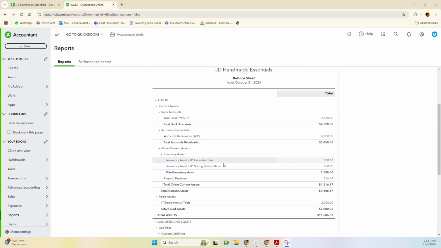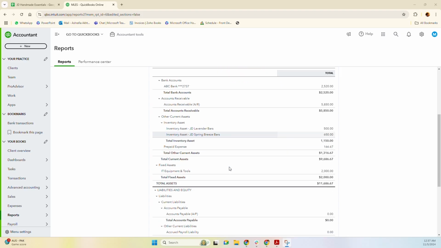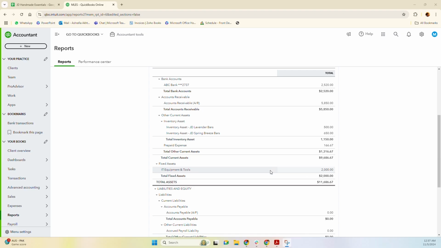We have inventory assets worth 500 and 650: 500 of lavender bars and 650 of spring breeze bars. Prepaid expense remaining is 166.67, which is the remaining amount to be charged for the QuickBooks subscription for 6 months. Fixed assets, we have IT equipment tools. We don't have any depreciation since this is the month these laptops were bought.